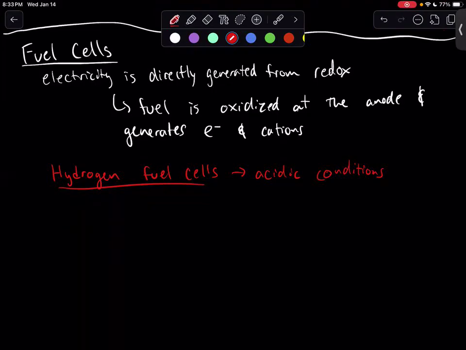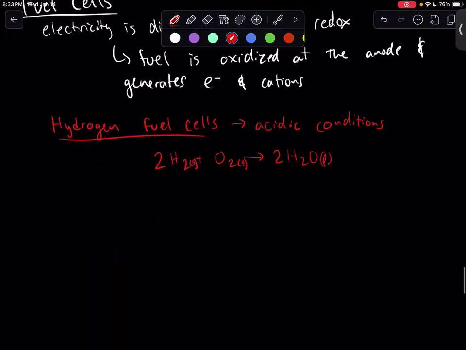So when we look at our hydrogen fuel cell, the overall reaction is 2H2 plus O2 reacts to form 2H2O. I'm excluding state symbols right now, but we can add them in. It's quite simple. The water is a liquid and the diatomic gases are gases.